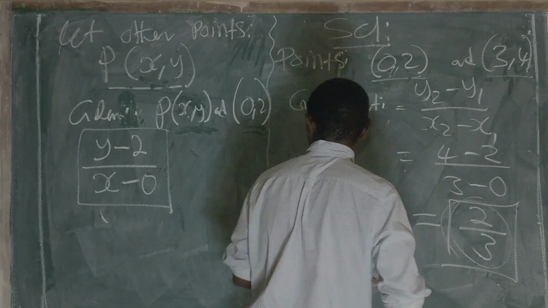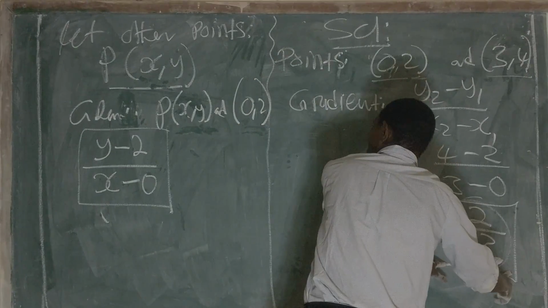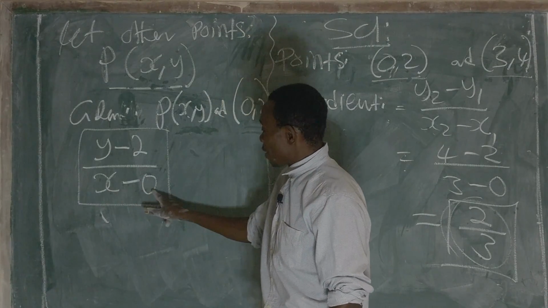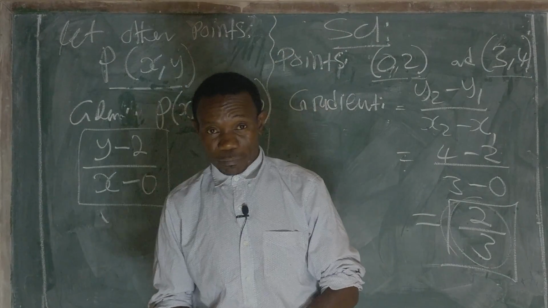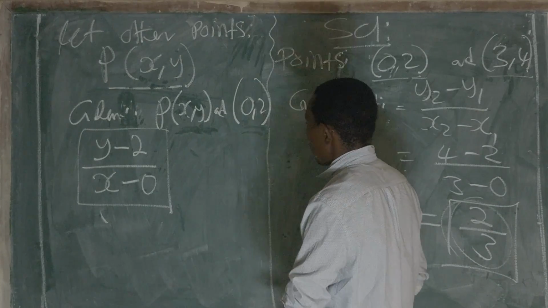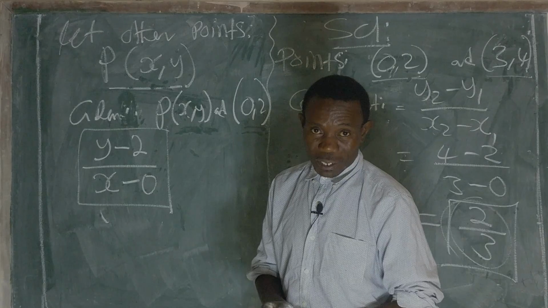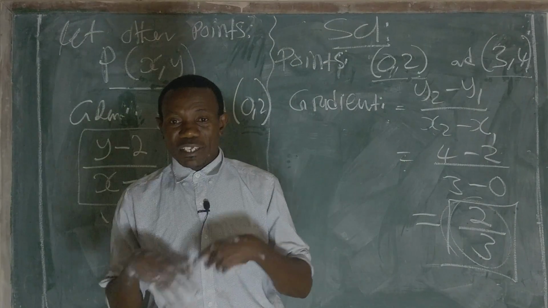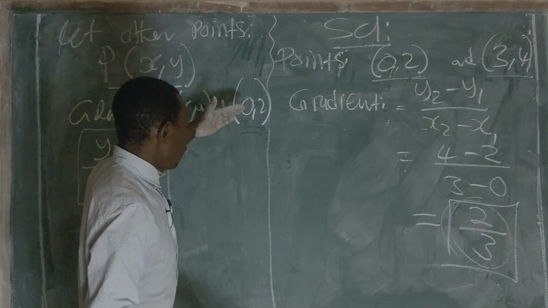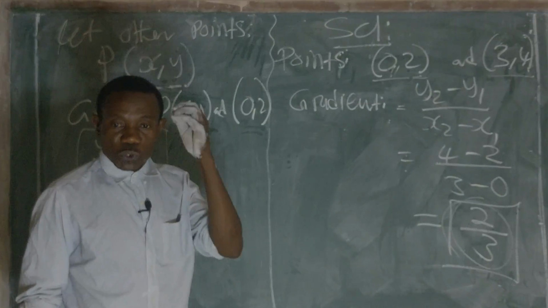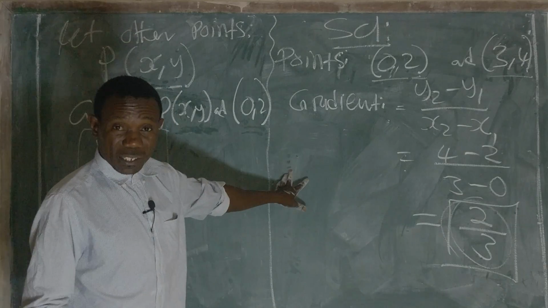So here it means that the gradient we have here, 2 over 3, and the gradient (y minus 2) over (x minus 0), the 2 gradients must be the same. So what we are going to do here, we are going to equate the 2 gradients. You form an equation. The moment you work out that equation, then that is the equation of that particular line.